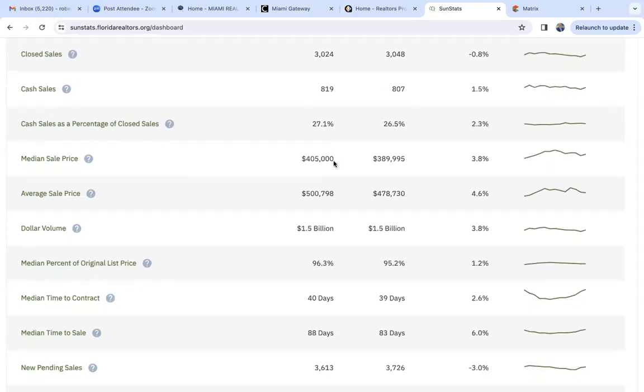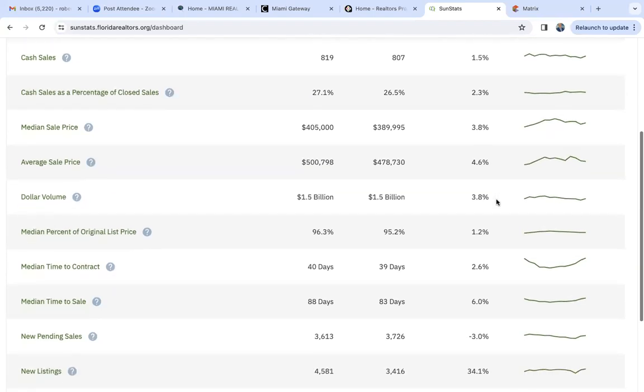The median price in Tampa is now up to 405,000, a 3.8% increase over the previous year. The average price is up to $500,000, a 4.6% increase. The dollar volume of sales is up to $1.5 billion, again a 3.8% increase over the previous year.